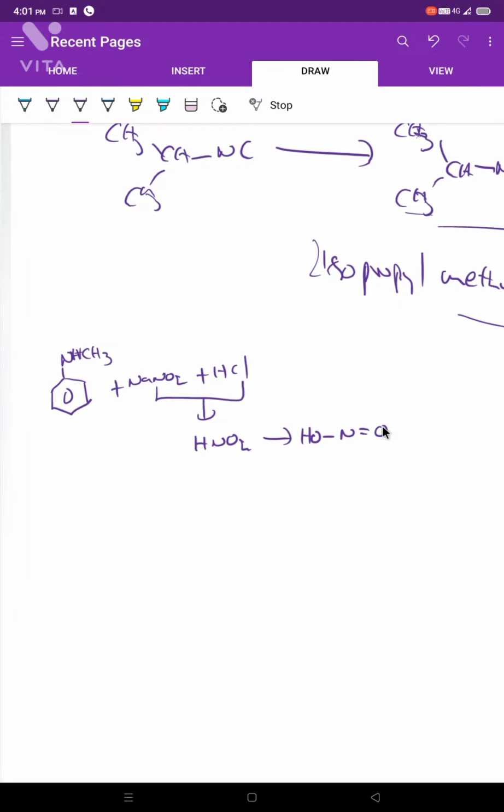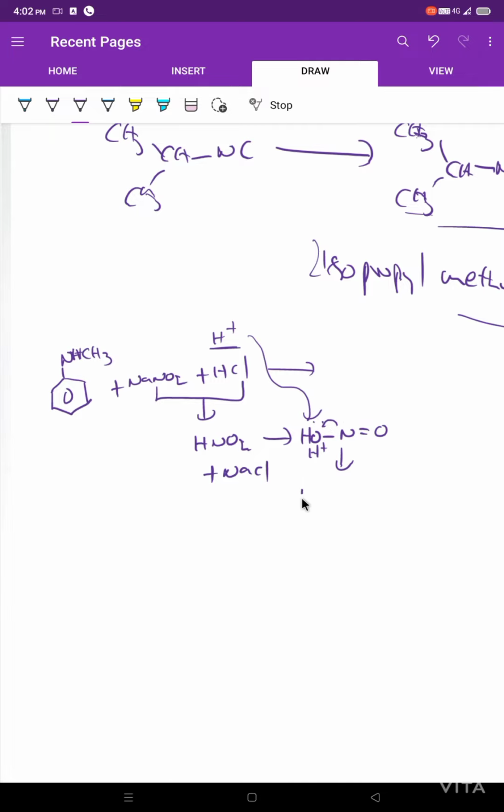HNO2, HO–N double bond O, in presence of acidic medium can give H plus. These two on reaction give HNO2 plus NaCl also. In presence of acidic medium, the OH has a lone pair, so H plus is attached to it, and water can get separated out.